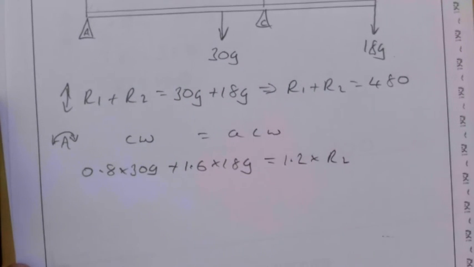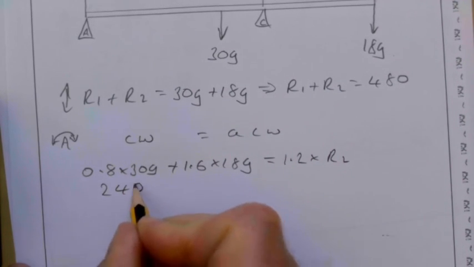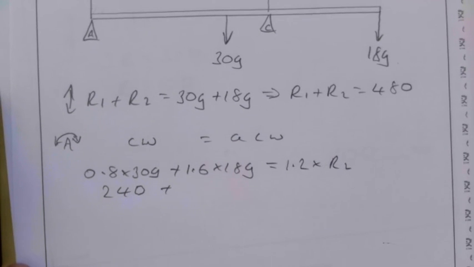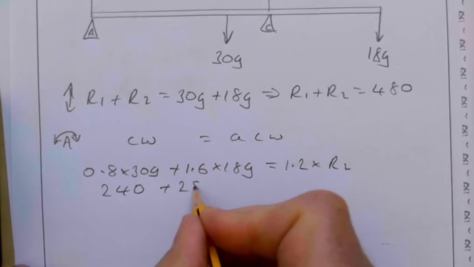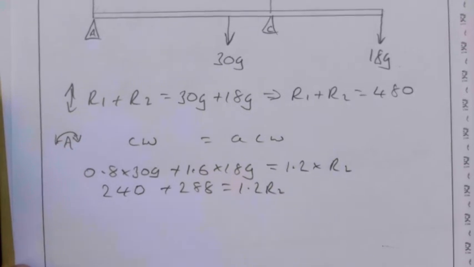So that's 300 times 0.8, which is 240, plus 1.6 times 180, which I think is 288. And that equals 1.2 R2.